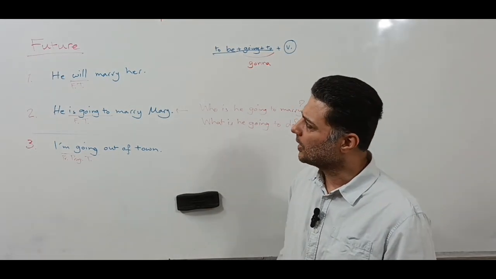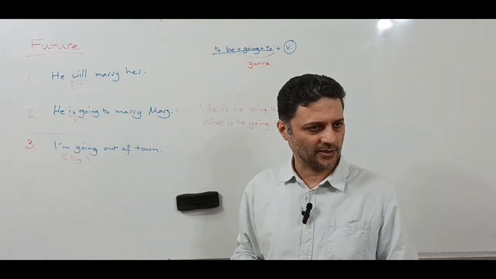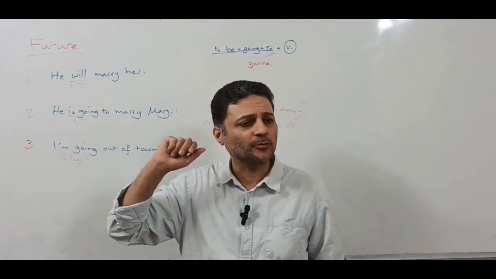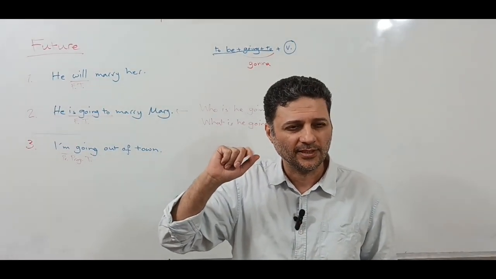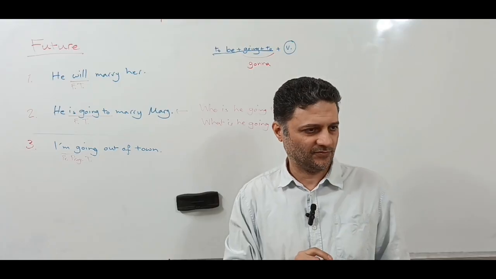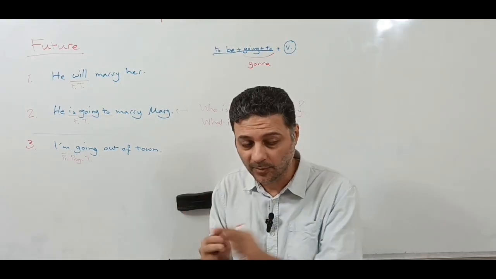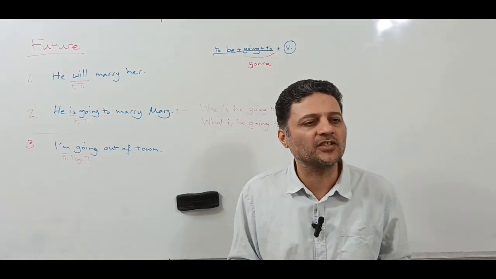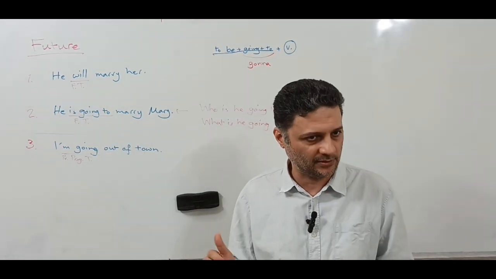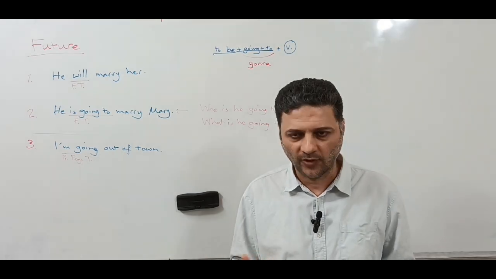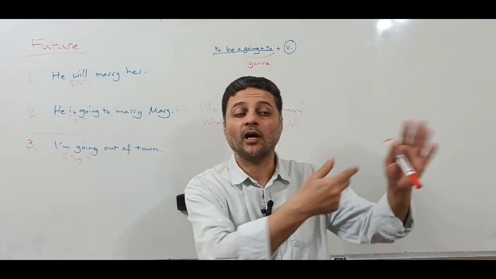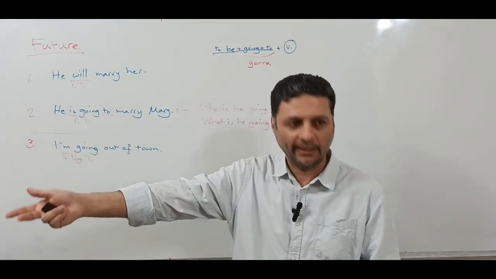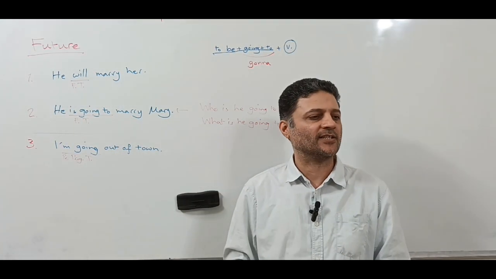But let's get back to the first two examples. What's the difference between will and to be going to? There's a very slight difference. I said they're similar, but they're not the same. When you say will, it's a 50-50 chance of that action happening. You can use other modals like may to reduce the chance of rain, for example.